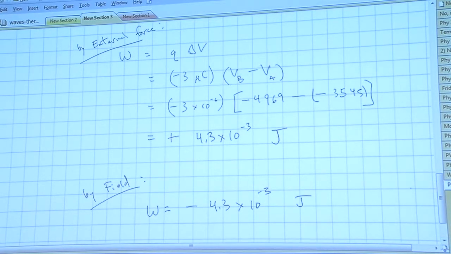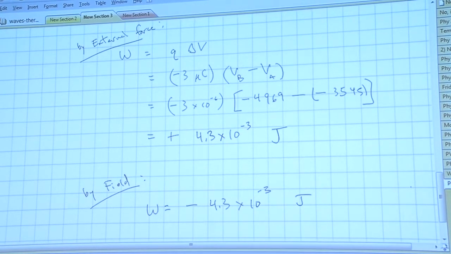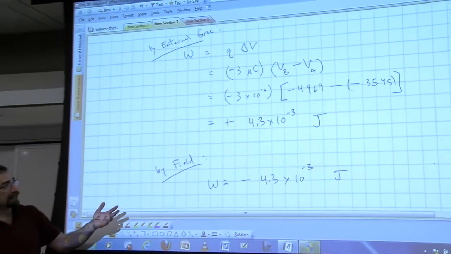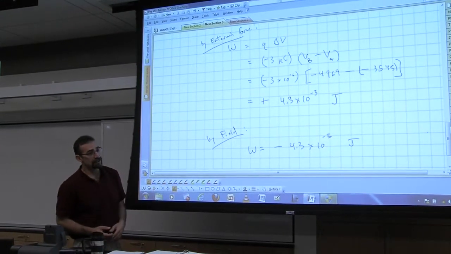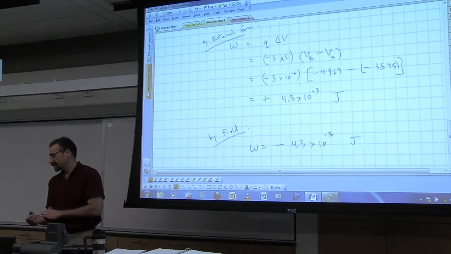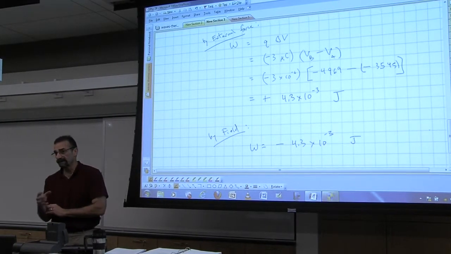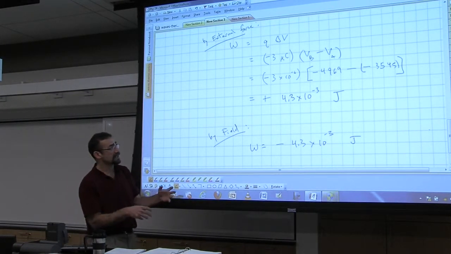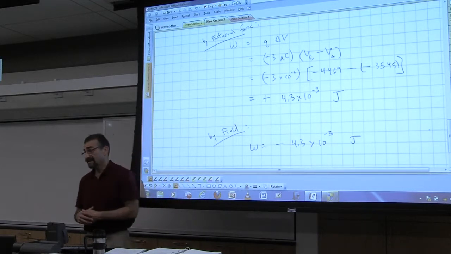Okay, so again, I think I said that the true benefit of using electric potential, you have to introduce it and kind of learn what it is, but the real advantage in using it comes in circuits. And so we're not there yet.